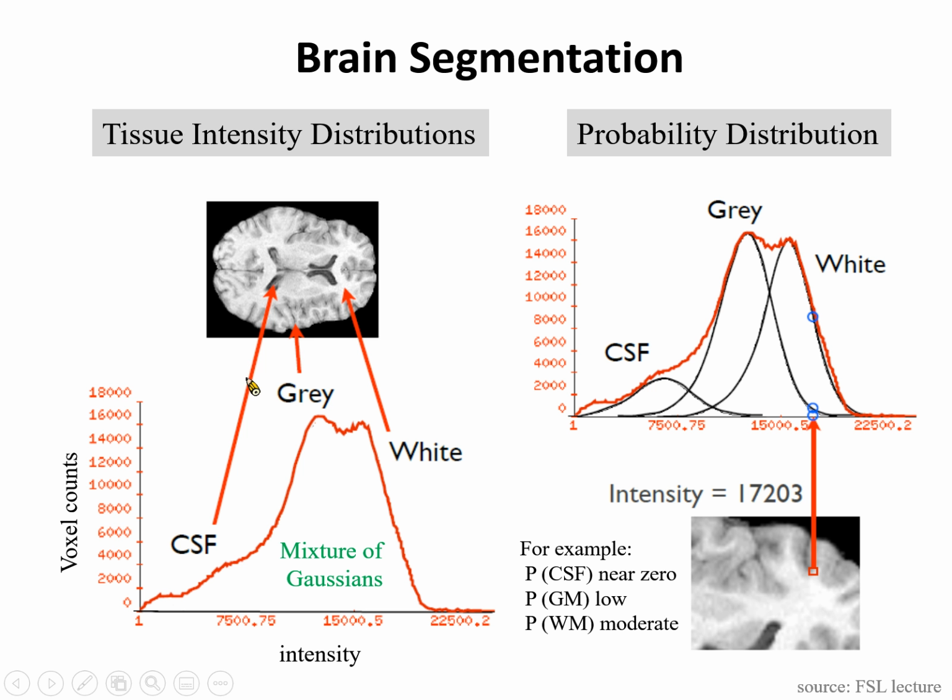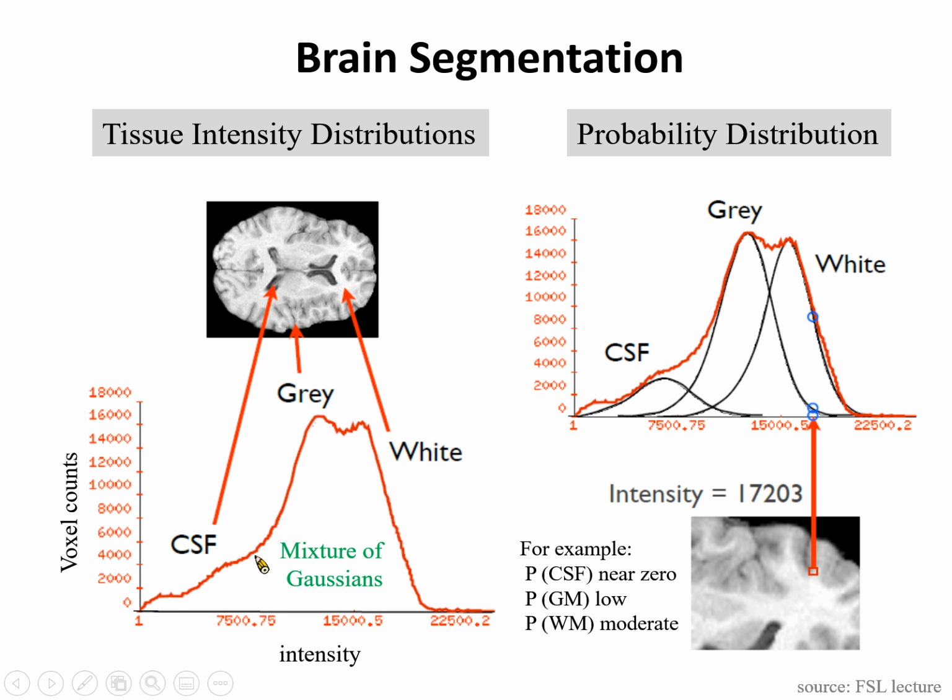For the imaging data, we can look into every voxel and identify its intensity. Different tissues have different intensities. For example, gray matter and white matter have different intensities. White matter has a higher intensity, gray matter is in the middle, and the CSF region has the lowest intensity.